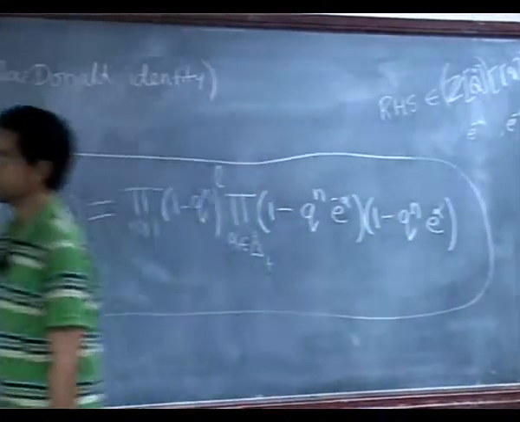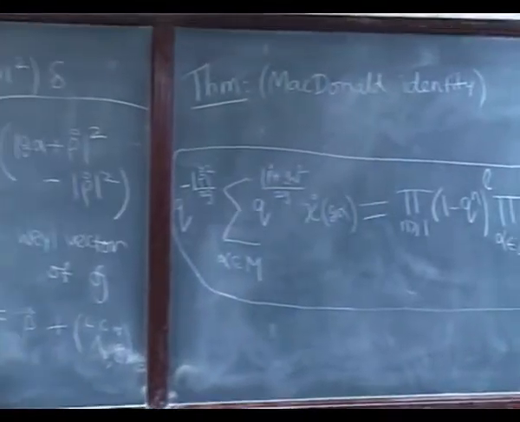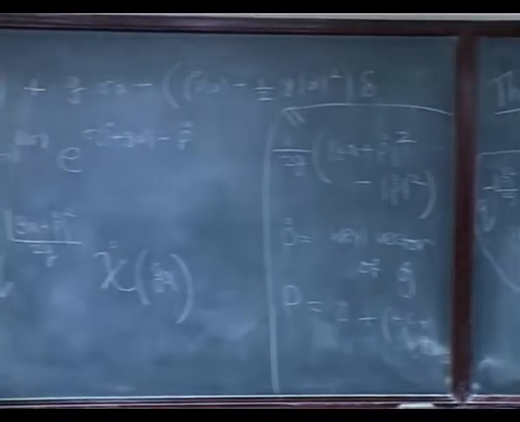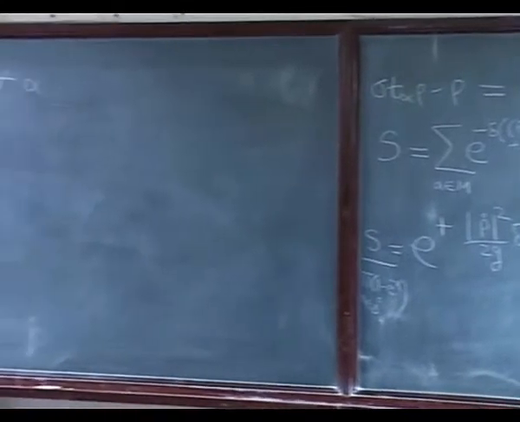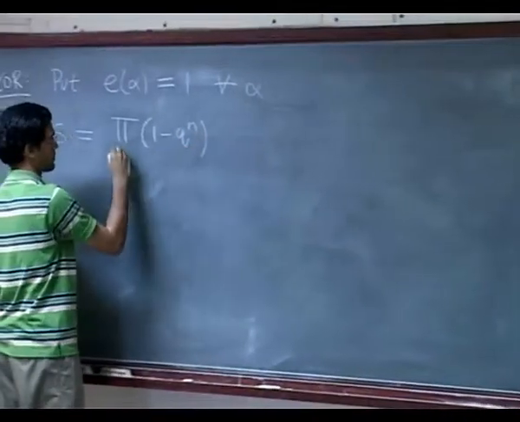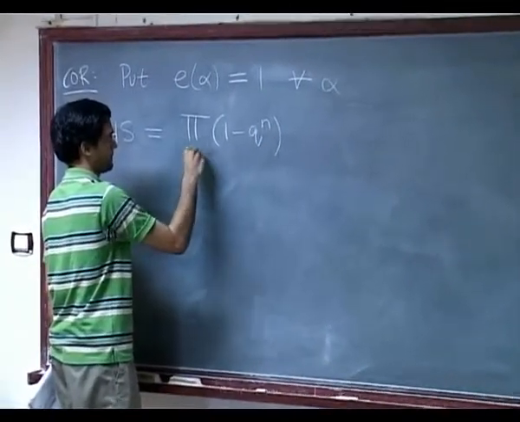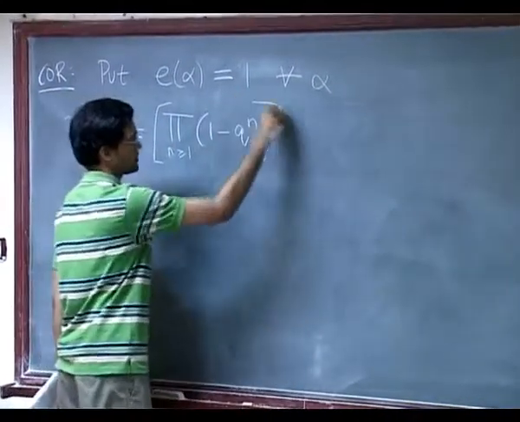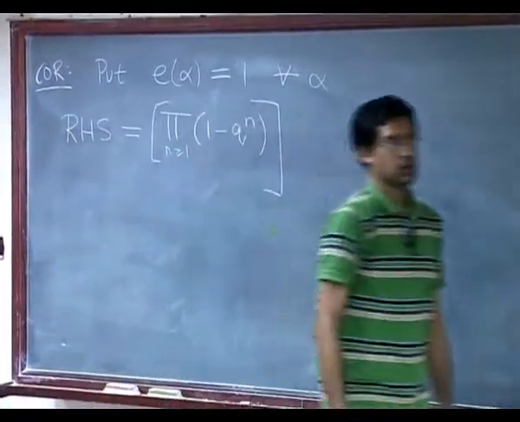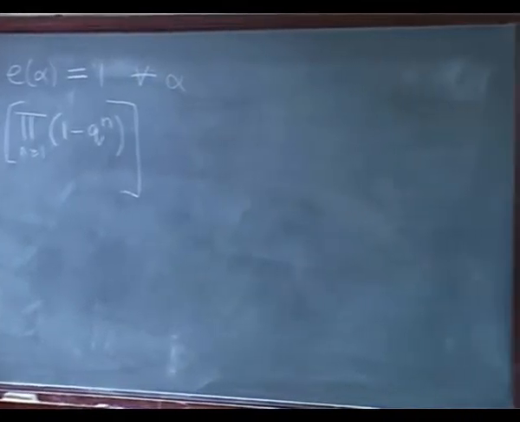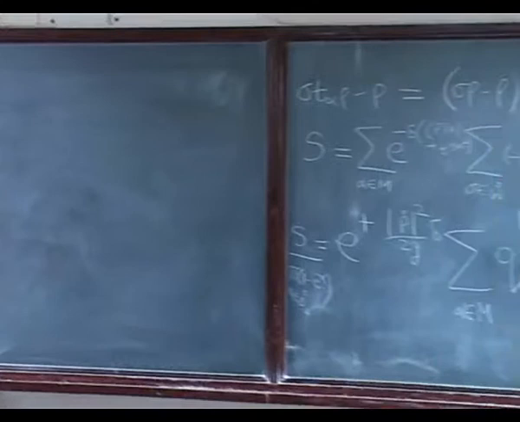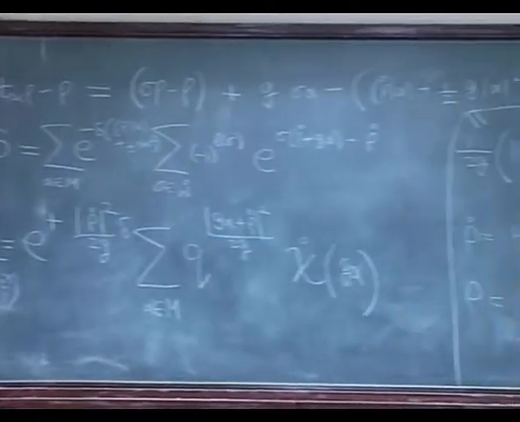So let's see what the right hand side becomes. It becomes a product of 1 minus q power n's. The question is how many such terms do you get? Every term is of the form 1 minus q power n, there is surely L of them, and how many more?